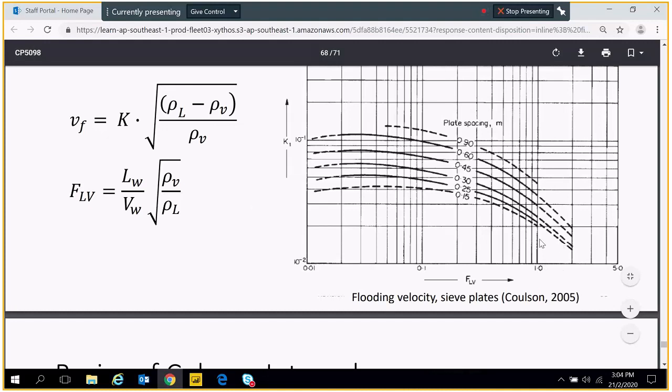Because your FLV increases, your K value decreases. The K value decreases, then what happened to this velocity? The velocity decreases. That is the velocity at the flooding condition.